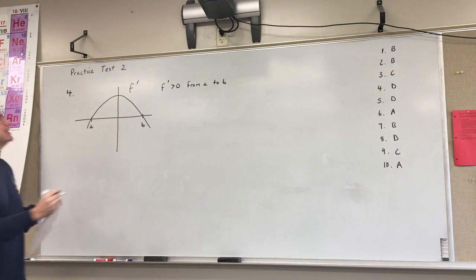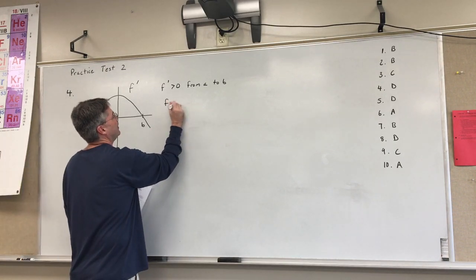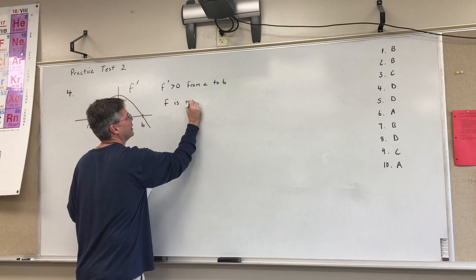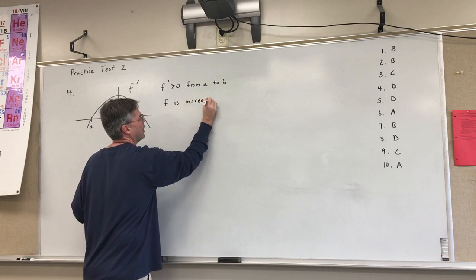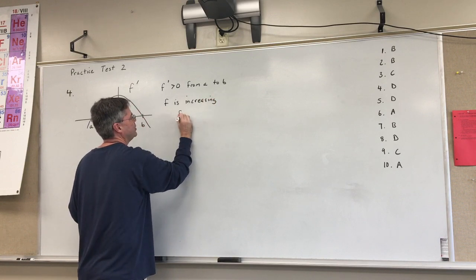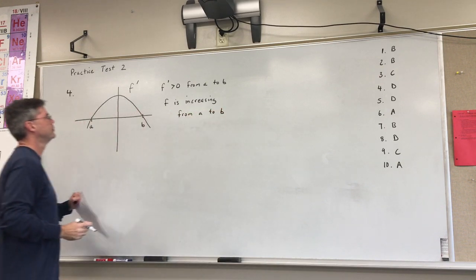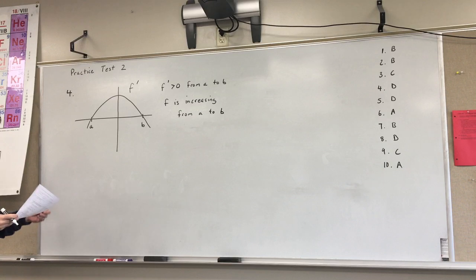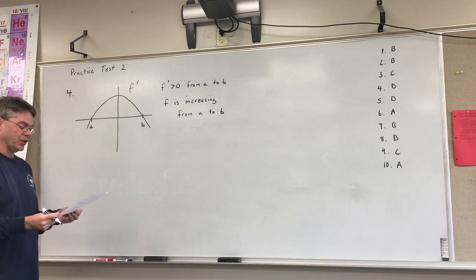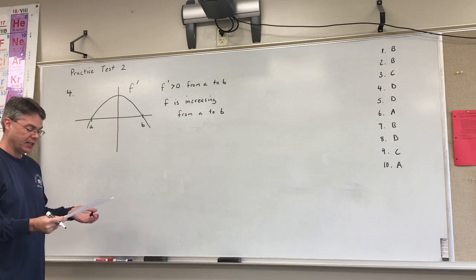What that means is that f is increasing from A to B. So let's take a look at our answers, and see which graphs, if you're going left to right, between A and B, is it increasing?